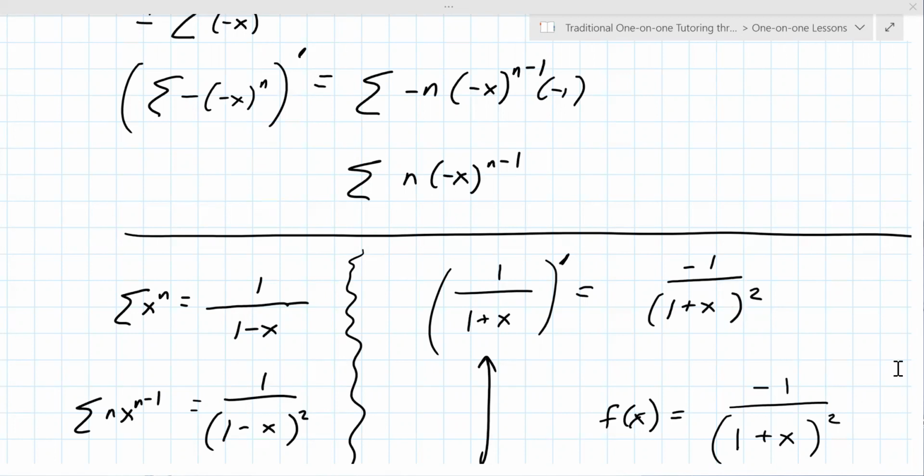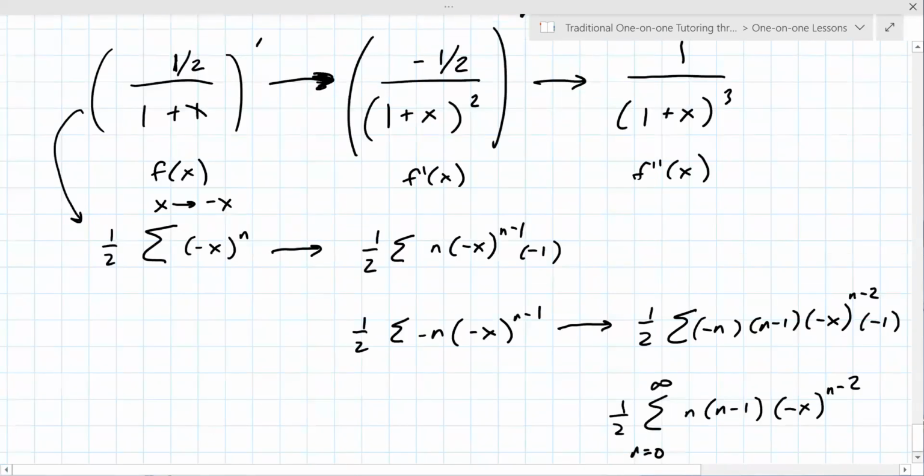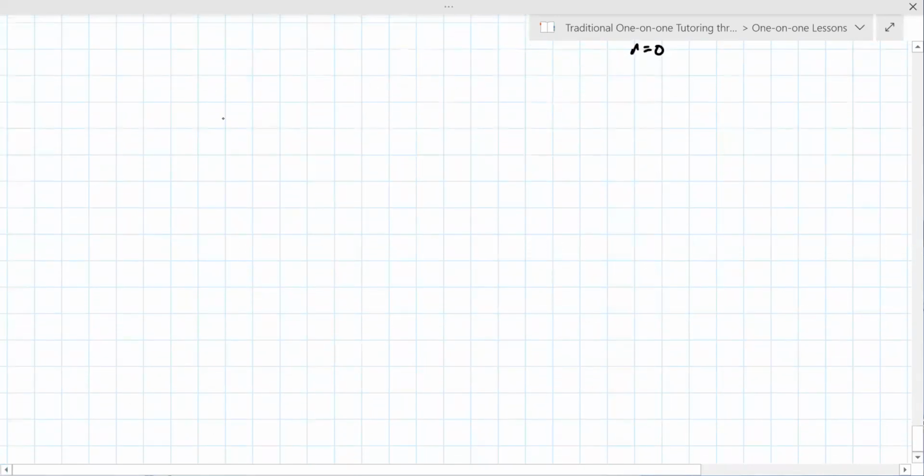Let's look at, let's say I start with, go ahead. So if it's 1 over 1 plus or minus x, whatever, to a power. Yes.